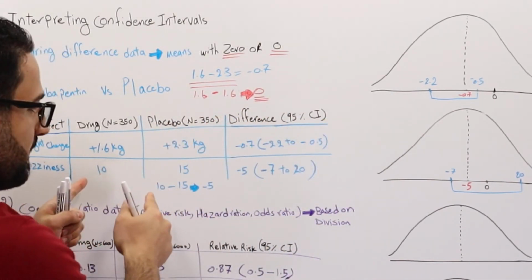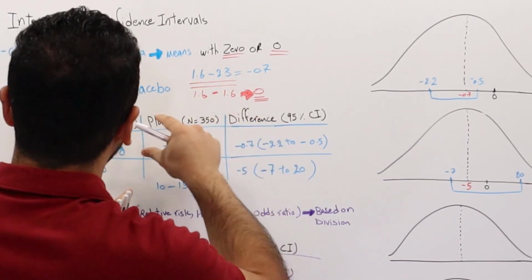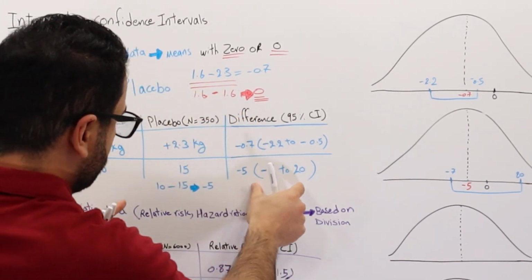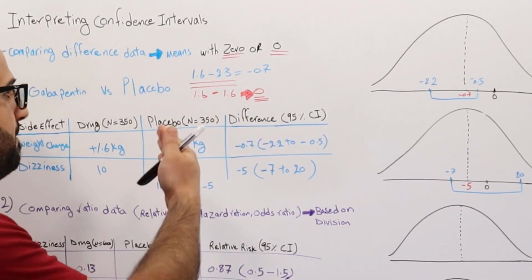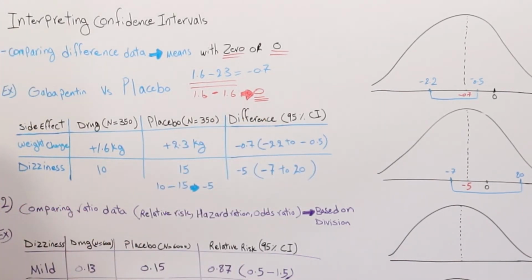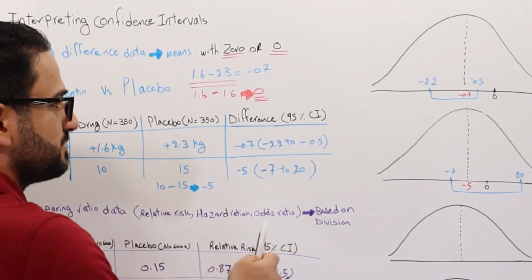And that's how we can interpret the confidence interval when the p-value is not included in the study, or in the exam when you're being tested. It's been taken out, and now you have to interpret the data based on these confidence intervals.